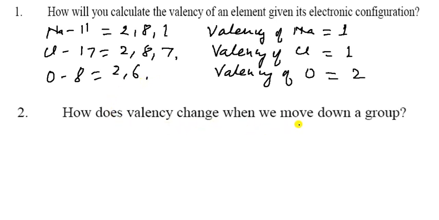How does valency change when we move down in a group?